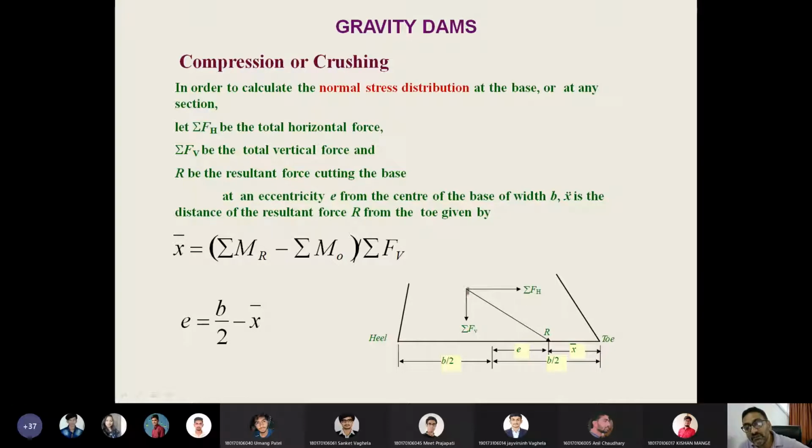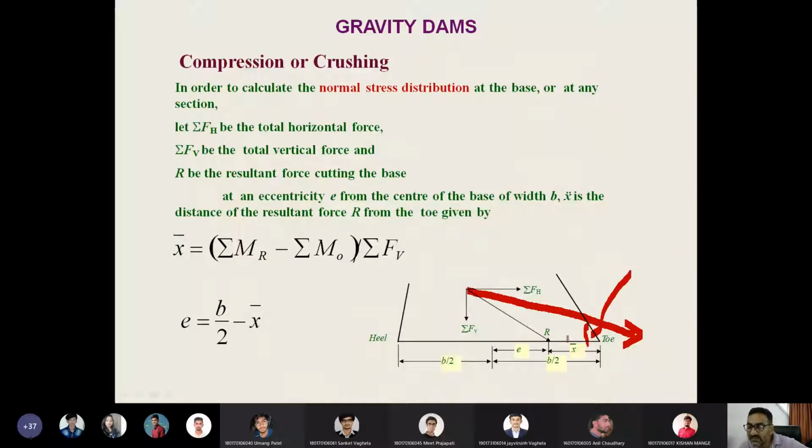But if it goes out like this, then this toe will fail, because the existing stresses here would exceed the permissible stresses of the concrete, and this concrete will fail in compression or will get crushed.